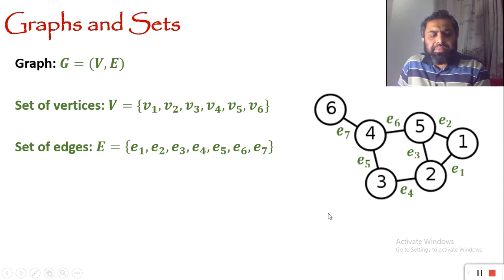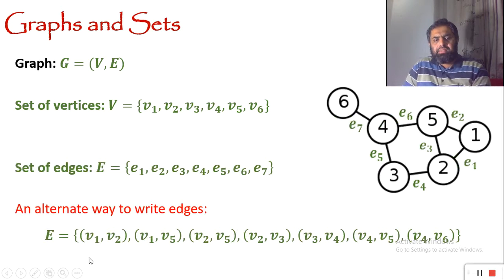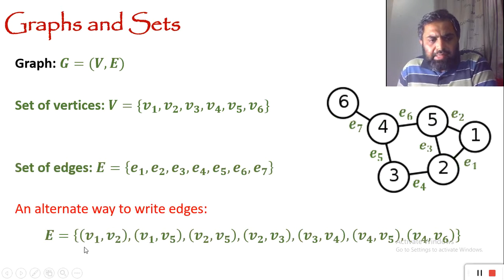So this can be represented in a more elaborate way. We have an alternate way to write edges. We write edges as a pair of vertices.